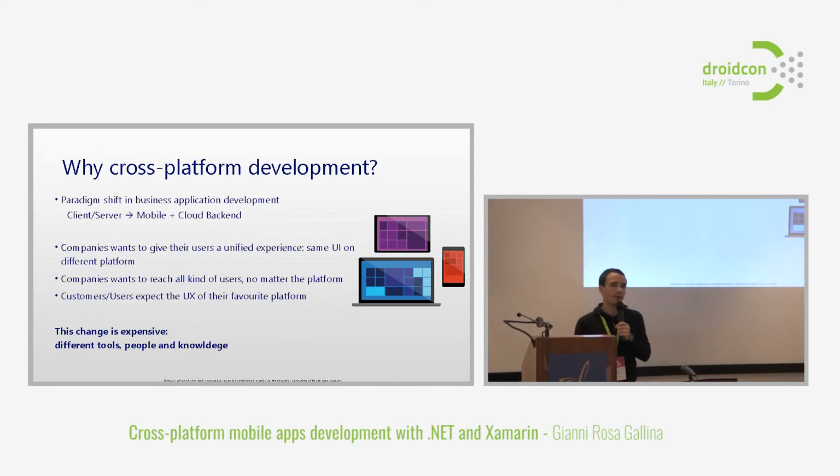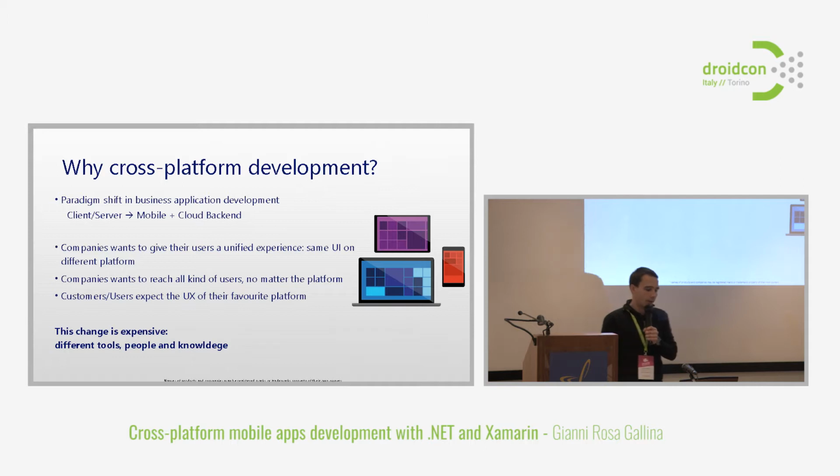So, why cross-platform development? For a few years, there has been a paradigm shift in business application development. We are moving from client-server architecture towards mobile plus backend. So our applications usually have a backend counterpart on the cloud or on-premises service, and an app that runs on a user device.